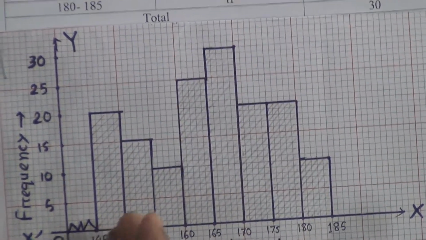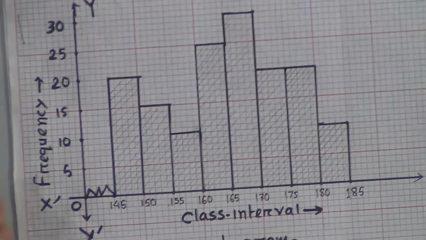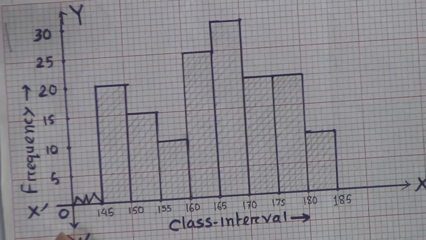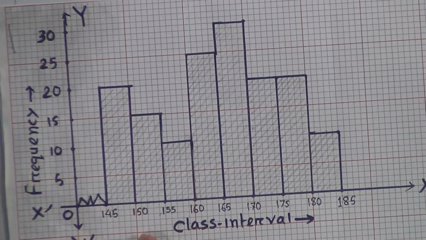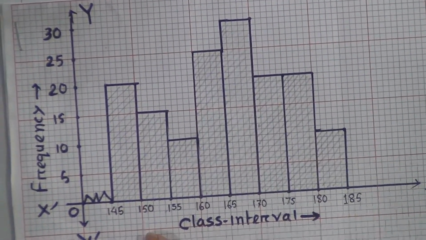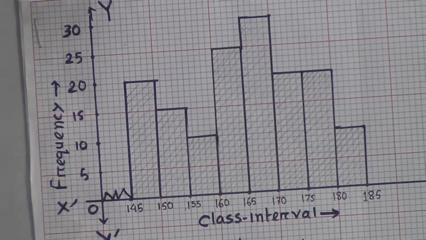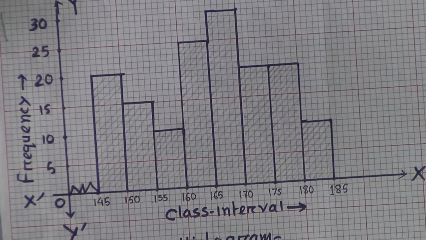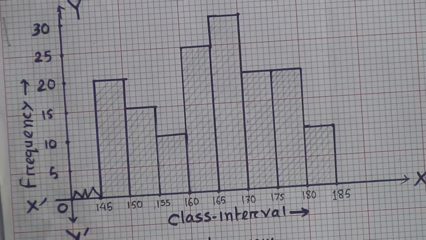You have to draw the histogram. You can select or choose the scale yourself also. You can select 2 units equal to 1 along the x-axis, and along the y-axis you can also take 1 unit, 2 units or 3 units as you wish.